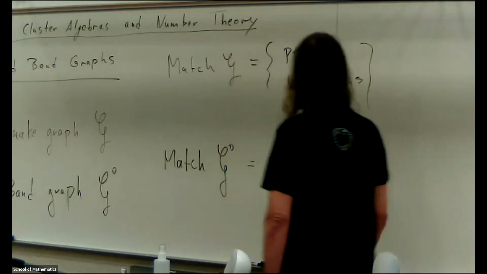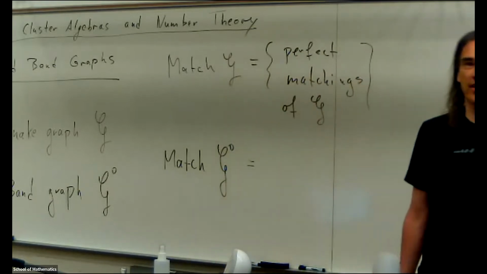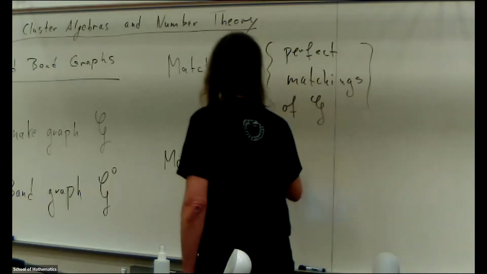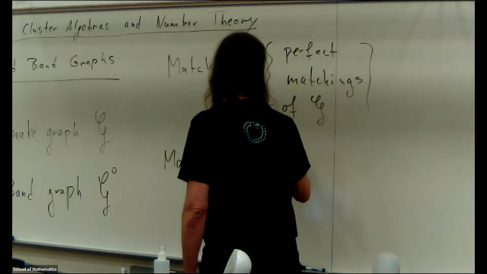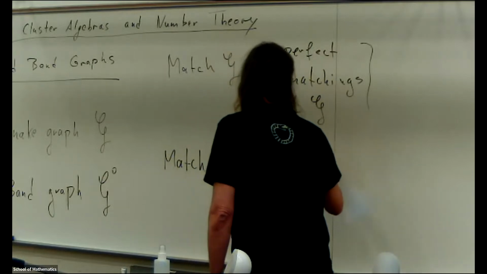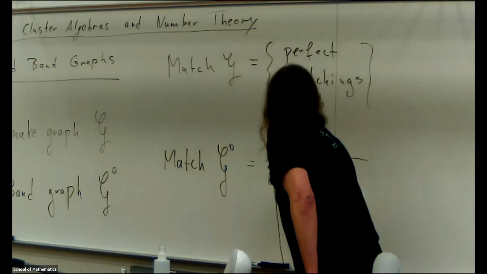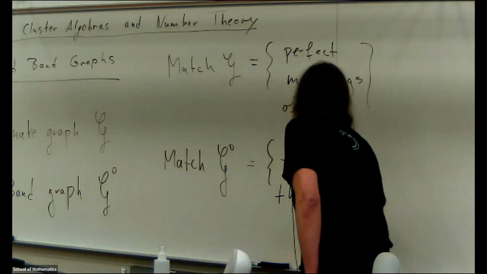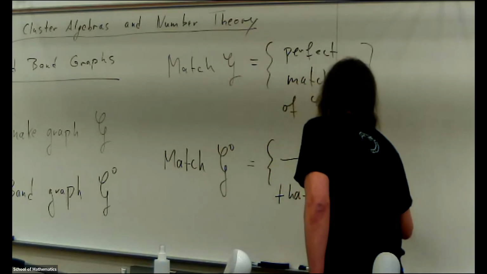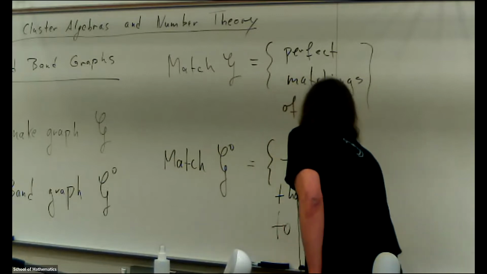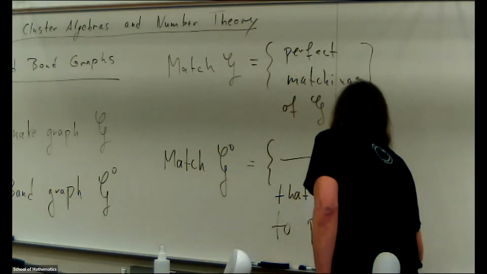These are the perfect matchings of G which restrict to perfect matchings of G circle. So I write here the same as I have written above, but then I continue that restrict to perfect matchings of the band graph.